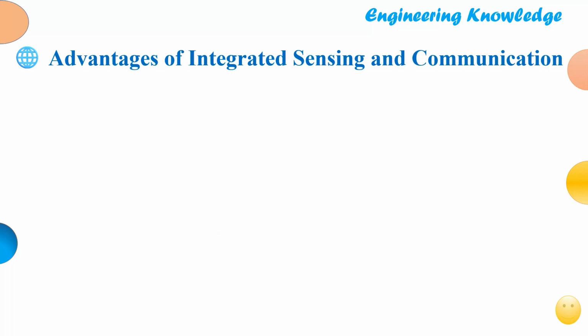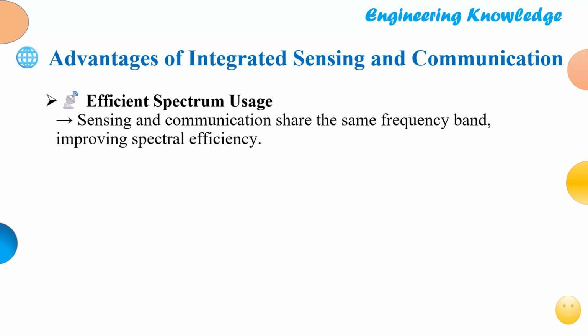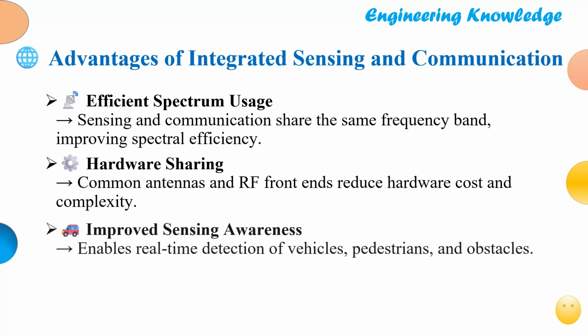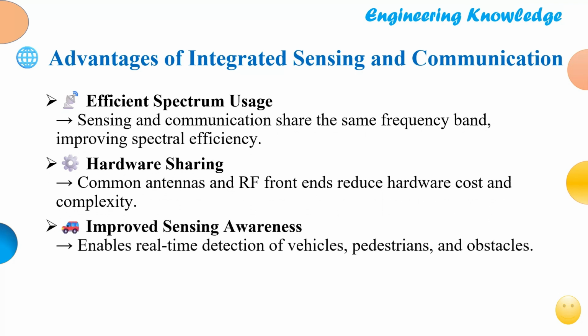What are the major advantages and takeaways of ISAC systems? They offer efficient use of spectrum. If we use waveform coding, then we can use the same spectrum for both communication and sensing purposes. We can use hardware sharing: the same hardware can be used for communication and sensing at the same time. You can improve sensing awareness, because you are sending signals for communication anyway from the BTS.